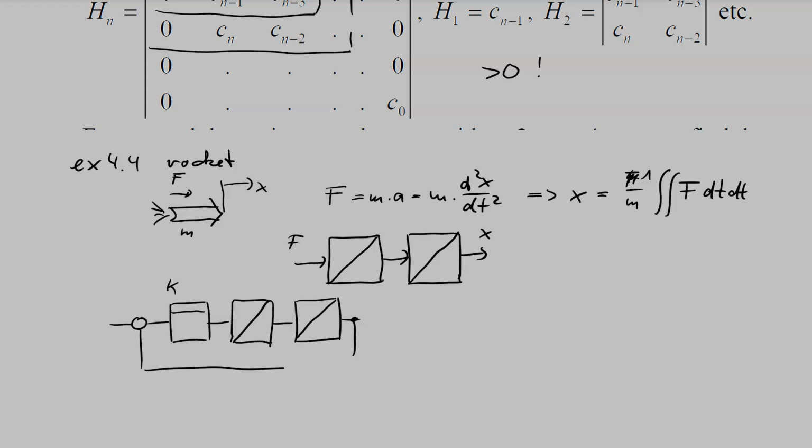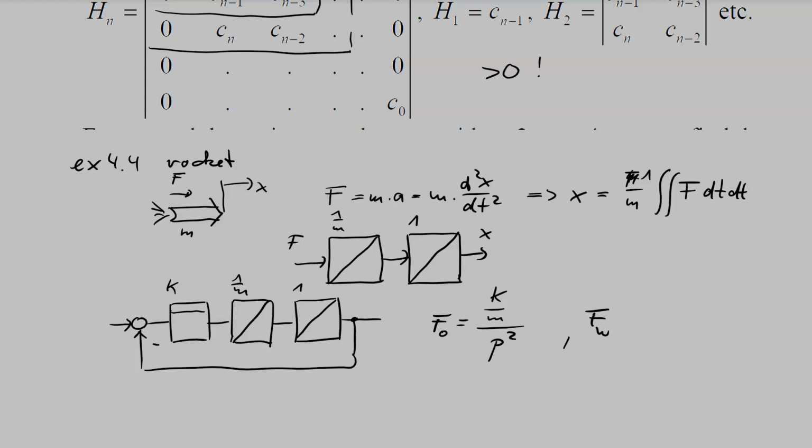We make a negative feedback with a closed loop system with this process 1 over m and 1. You can say the open loop is nothing else than k divided by m divided by p squared. Note that an integrator is 1 over p, 2 integrators 1 over p squared.